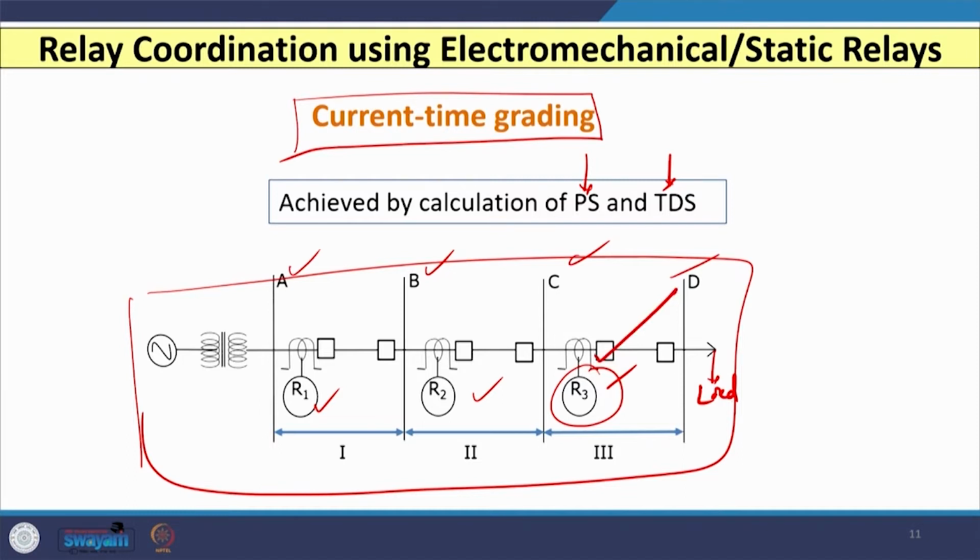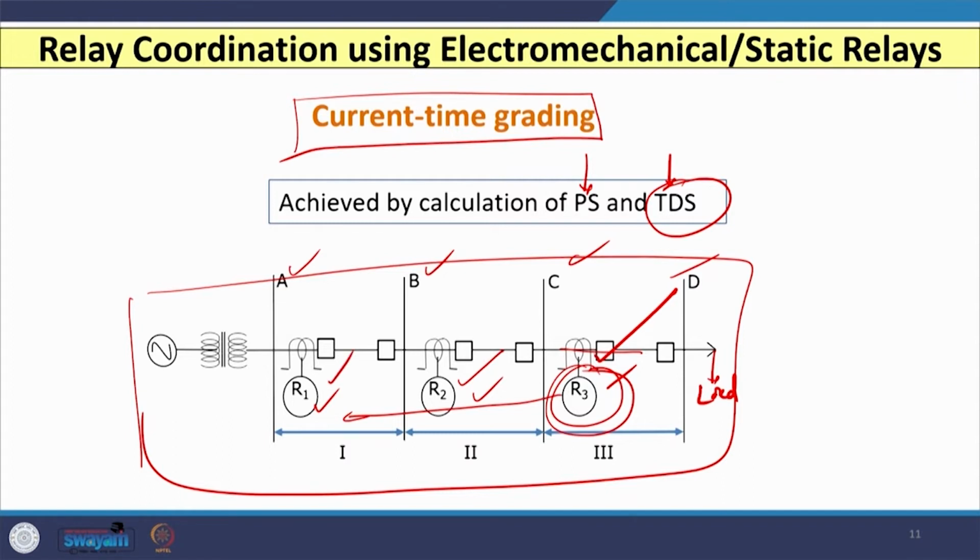Plug setting is normally calculated based on the full load current of this feeder with some percentage overload it can take, and time dial settings are calculated based on the fault MVA or the breaking capacity of a particular circuit breaker. Once we have the values for R3, we move towards the relays located at the source end. Then we can calculate the plug setting and time dial setting of R2, and then of R1.